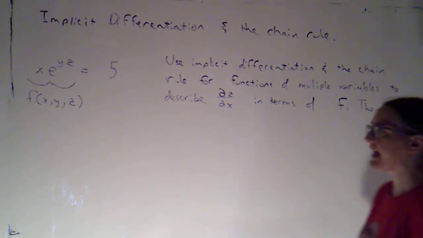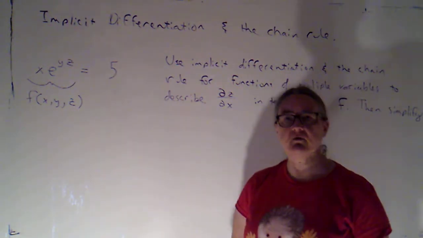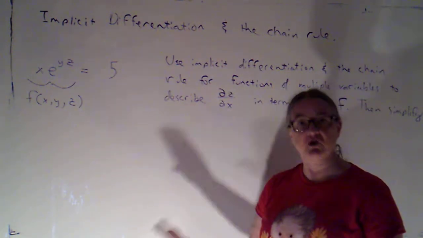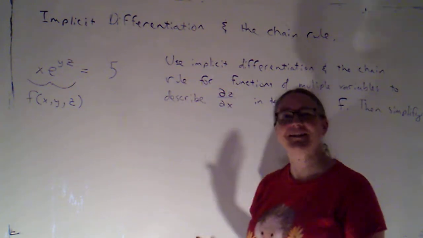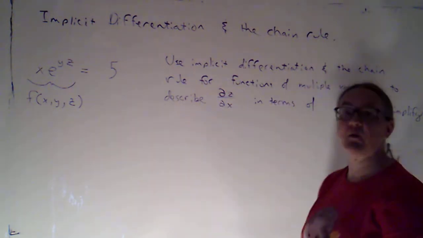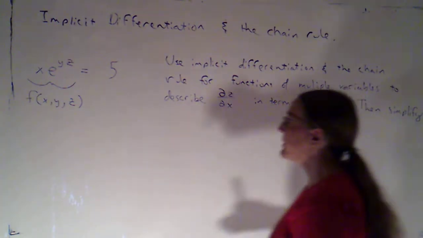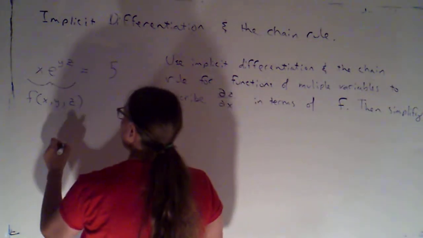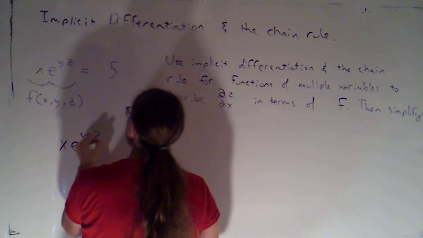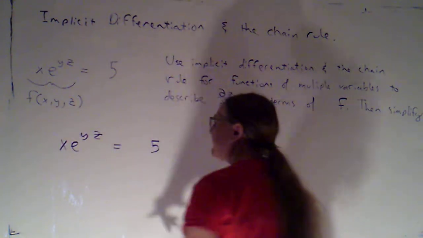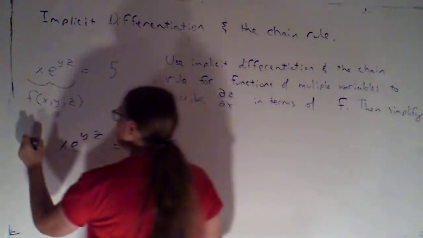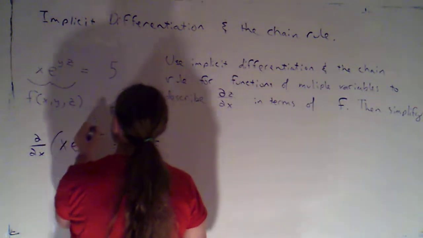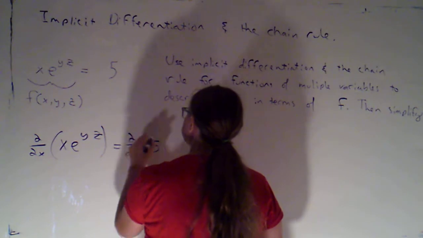Now, just like with the last example, the first thing I'm going to do is completely ignore my directions and just do the implicit differentiation, because I want to see that the two techniques that we have are equivalent. So if I just took this equation, x e to the yz is equal to 5, and I were using implicit differentiation to find this, I would say, okay, let's take the partial with respect to x of both sides.